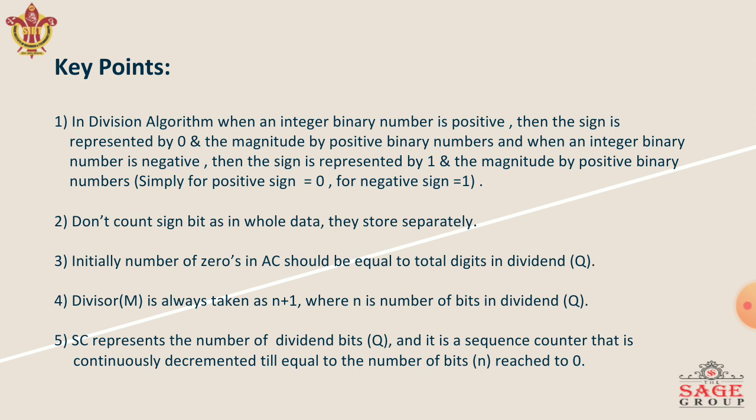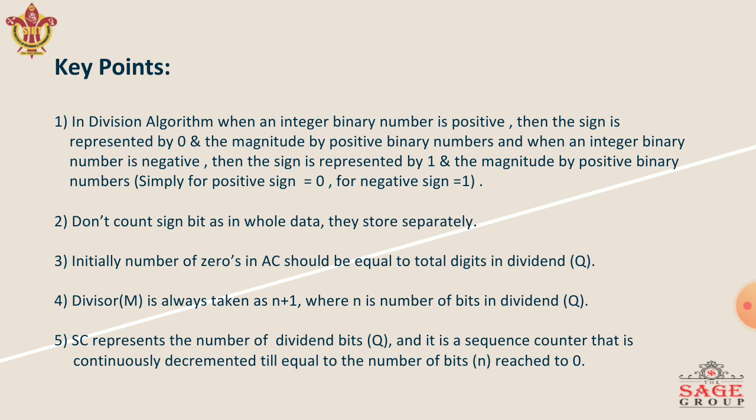Now there are some key points regarding the algorithm. It is very important. Key point number 1: in division algorithm, when an integer binary number is positive, then the sign is represented by 0 and the magnitude by positive binary numbers.